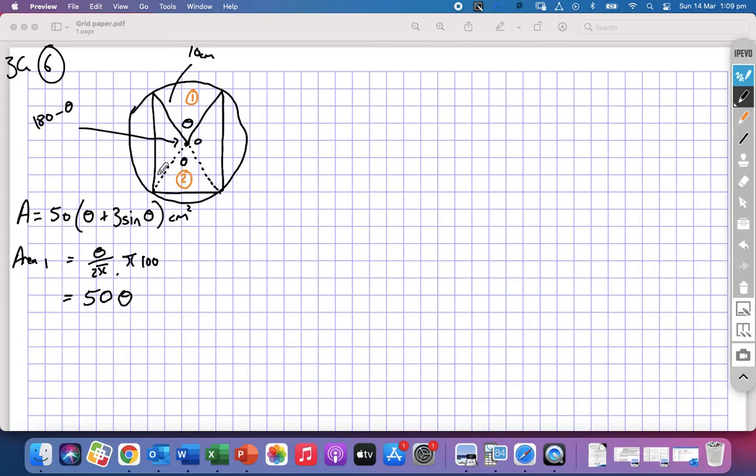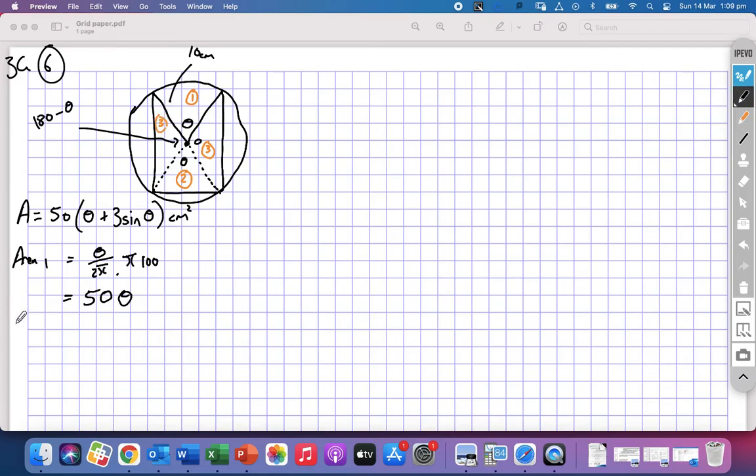If there's a straight line there or there, 180 minus theta. This is vertically opposite. So this angle here, where I've written O for origin, that's also 180 minus theta. Let's call those area 3. And there's 2 of them because they're the same triangle.